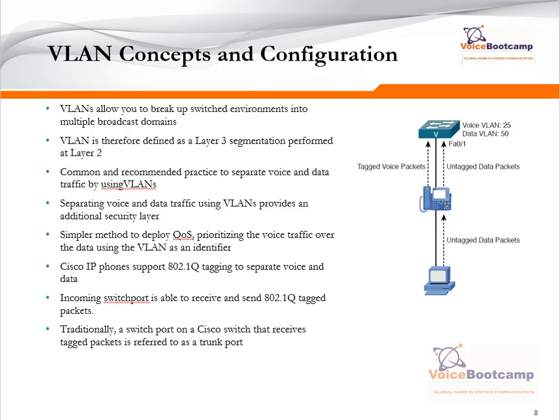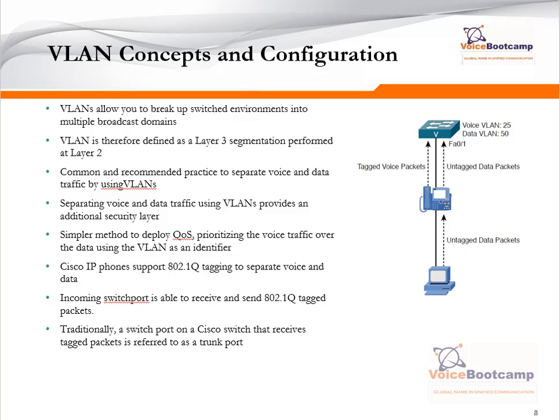A VLAN is therefore defined as a layer 3 segmentation performed at a layer 2. Common and recommended practice to separate voice and data traffic by using a VLAN. Separating voice and data traffic using VLAN provides an additional layer of security because you can isolate the data from voice, so in case somebody is attacking the data, the voice traffic will not be impacted.